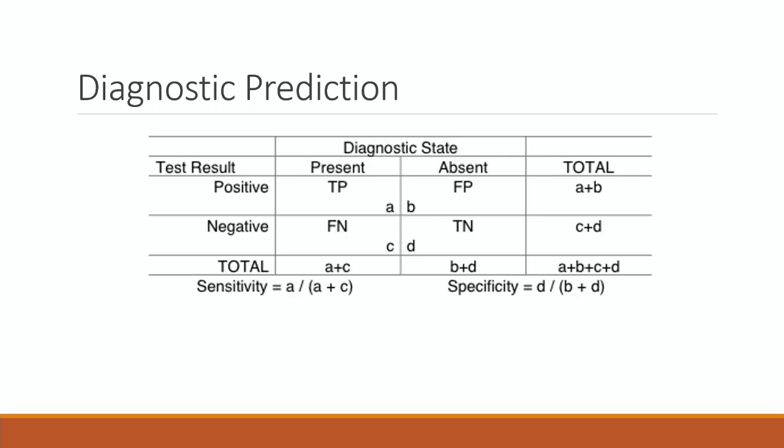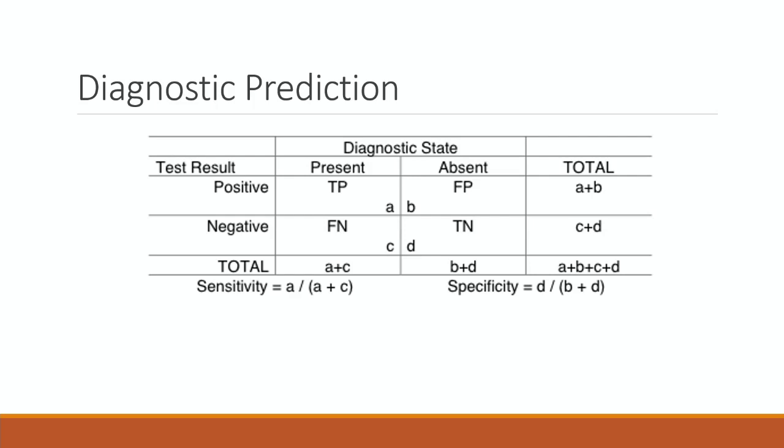So within that box, the TP is they actually have the disease and the test says that they have the disease. So that's a true positive. The TP stands for true positive. So that's getting at that sensitivity piece. We want that number to be really high.